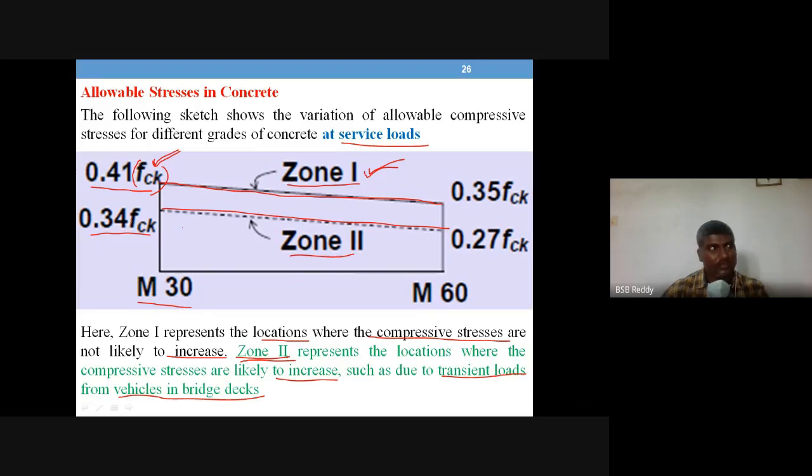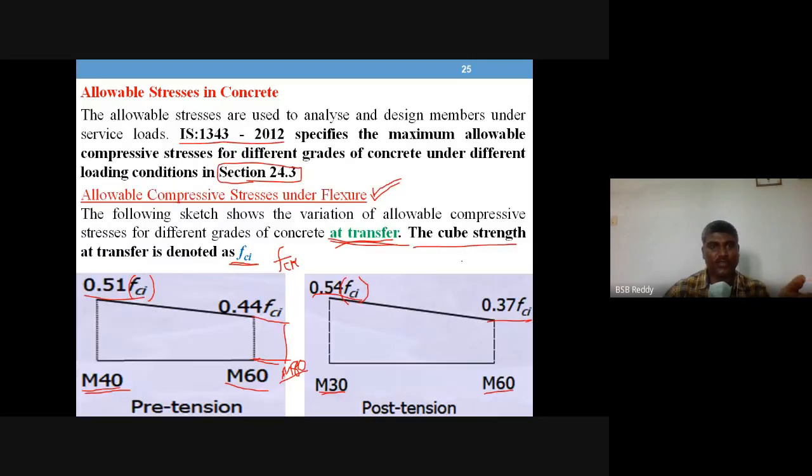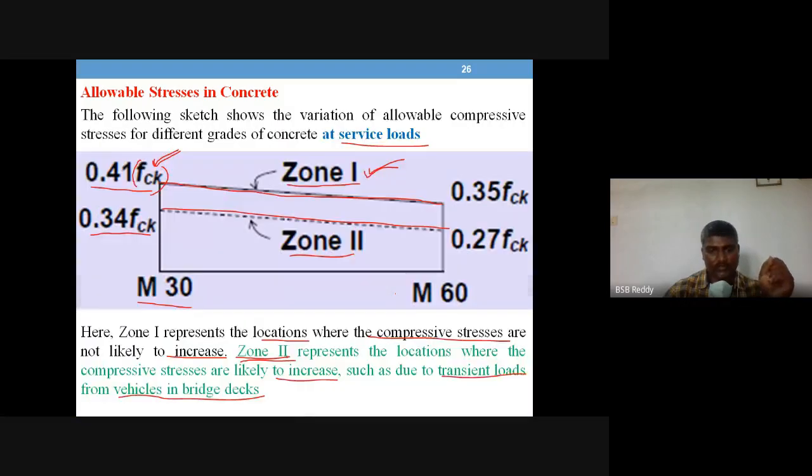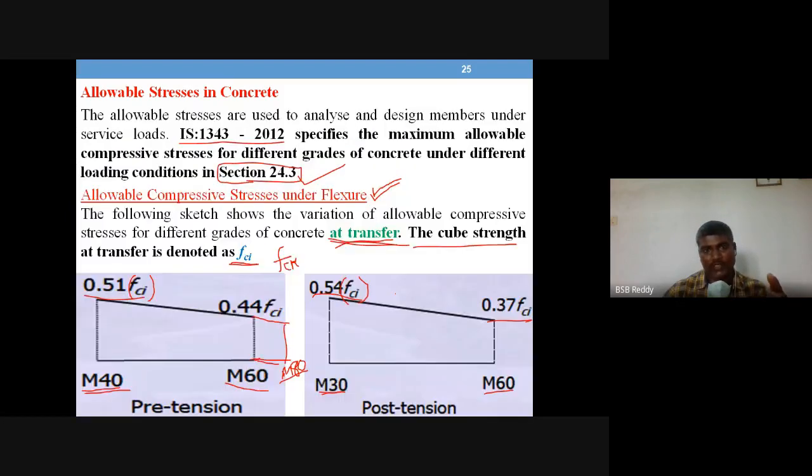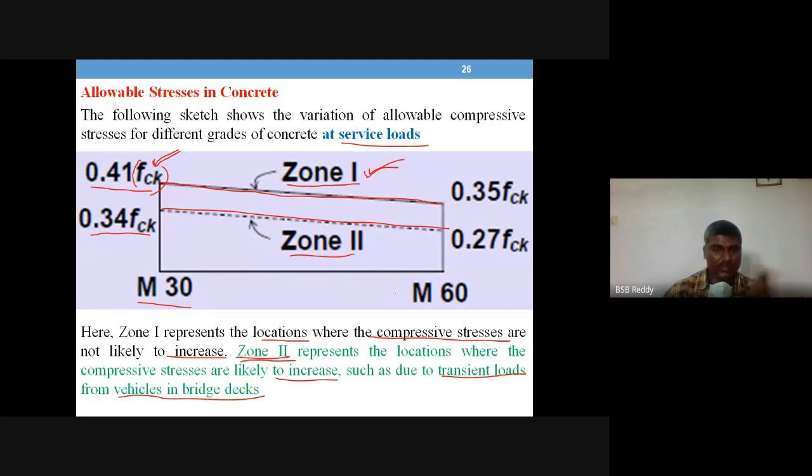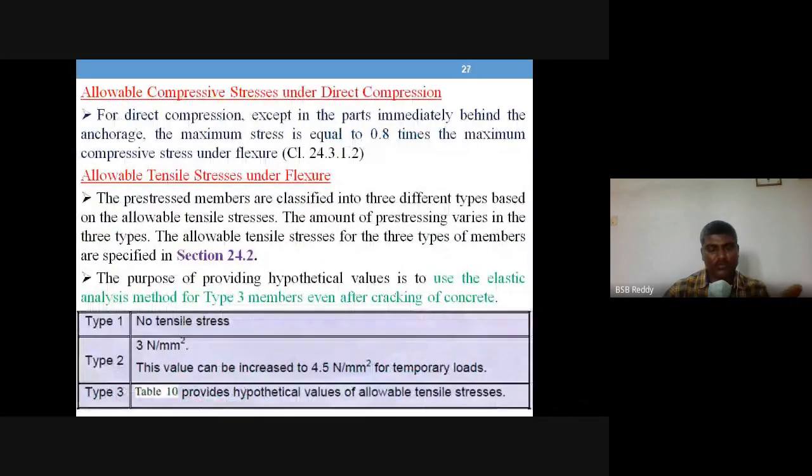We use these values at service loads for flexural compressive stresses. These allowable compressive stresses under flexure are given in section 24.3 of the IS code. Take your code, open clause 24.3 and see whether you can find these diagrams.